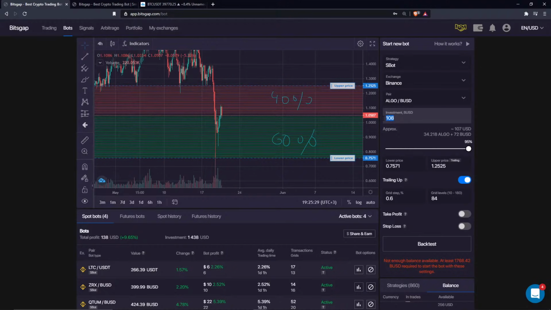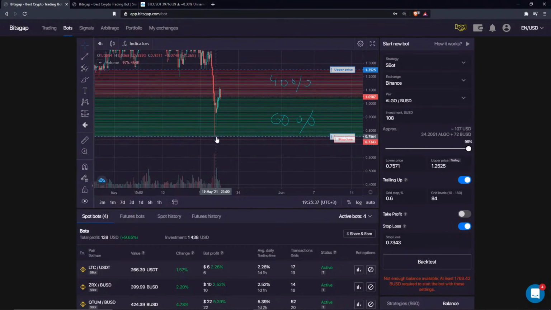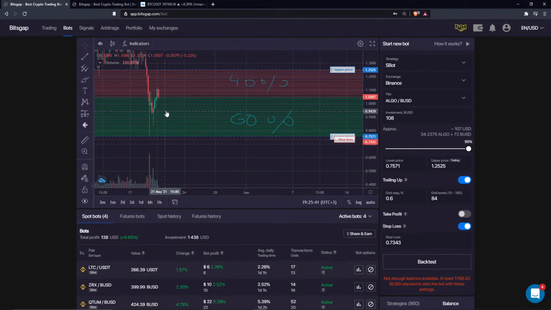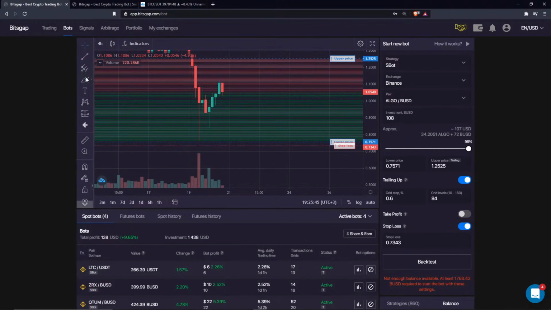The next risk minimization tool would be to set a stop loss, and I would set the stop loss below this lowest price that we had, right? But some traders are not taking into account the shadows of candles, but rather they look at the body of the candle.